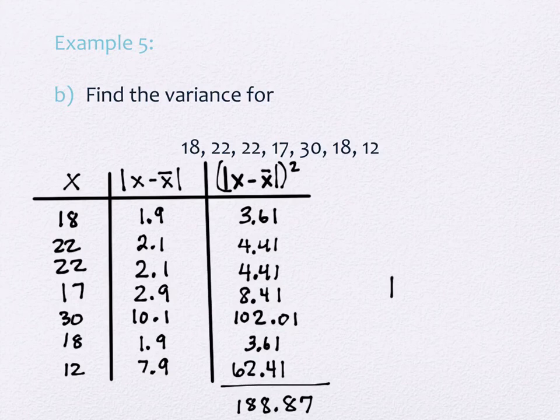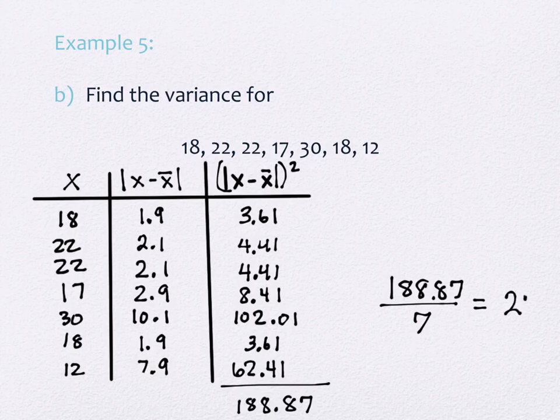And then step 5 says I'm supposed to do what? Divide it by 7. So if I divide this by 7, my calculator says 26.9814. The problem is if I'm rounding to one decimal place, that I can't do 26.9, I'd have to round up.